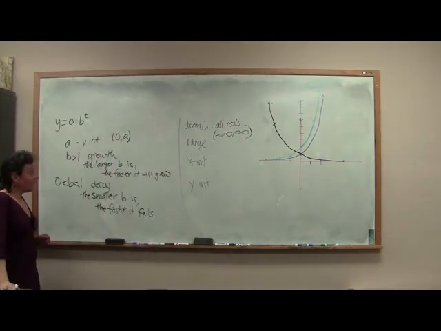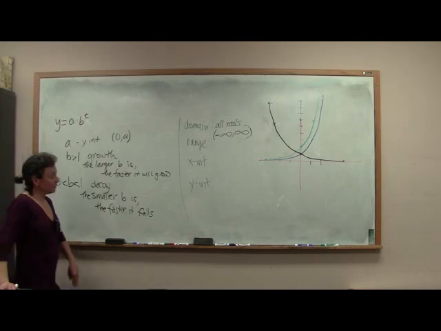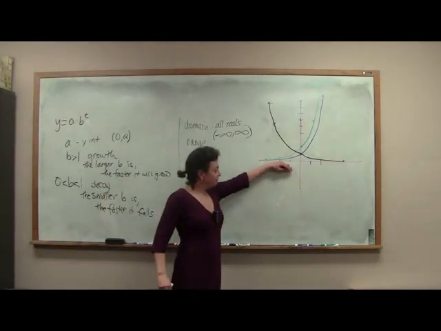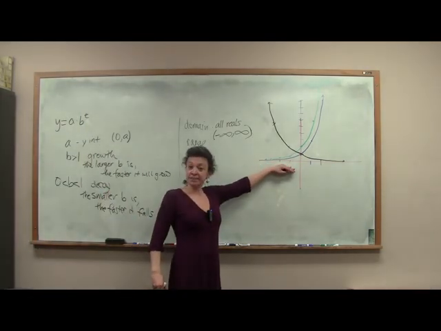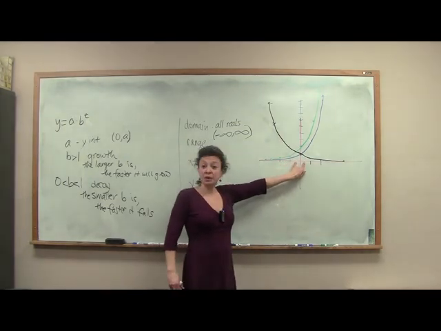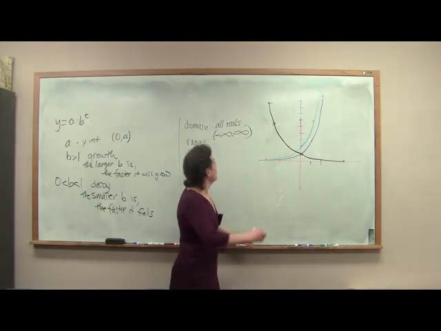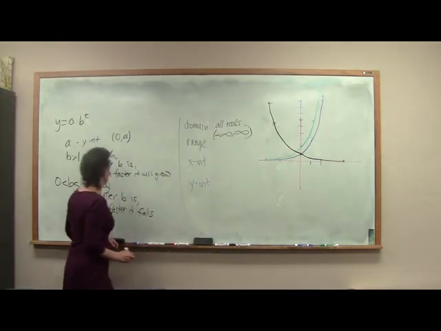Okay? Next, let's talk about our range. The range are our function values. Are my function values here ever negative? No. Notice that they're also never equal to 0. So we get really, really close to 0.